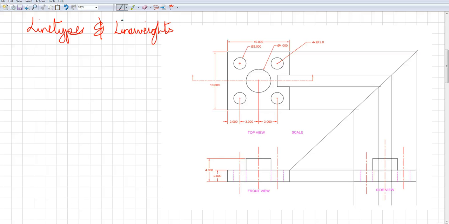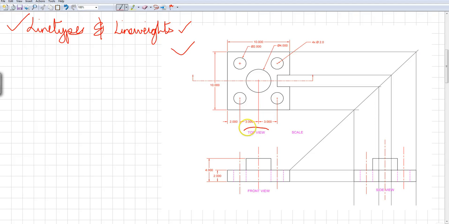So when it comes to our drawing, we do the same things, where when we draw, we follow a lot of different standards, and a couple of the standards would be using different line types and obviously even line weights.